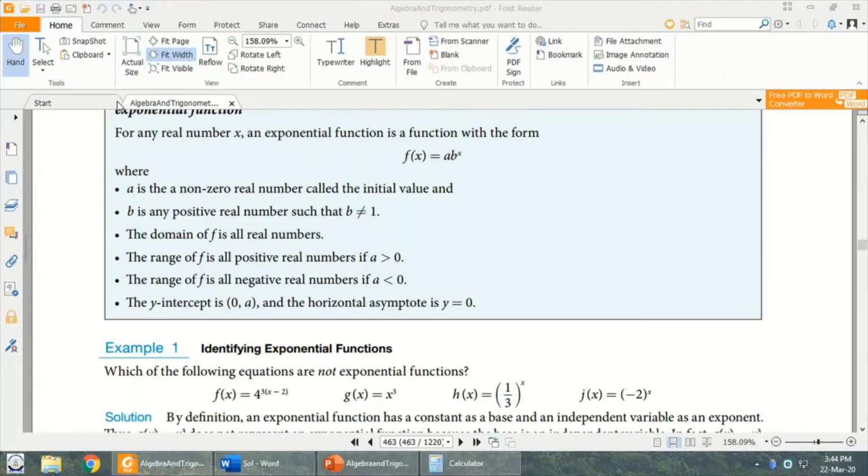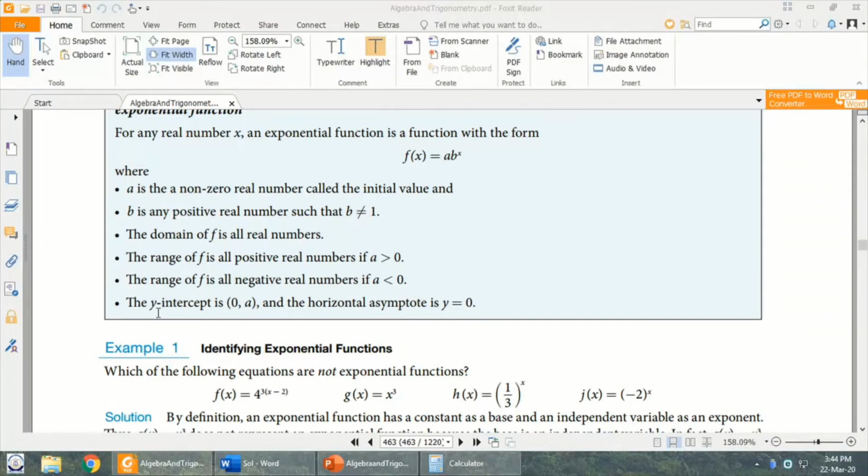So there we go. Now the y-intercept is (0, A) and the horizontal asymptote is y equal to 0. When a question states something like horizontal asymptote, it automatically means that y is 0 in this case.